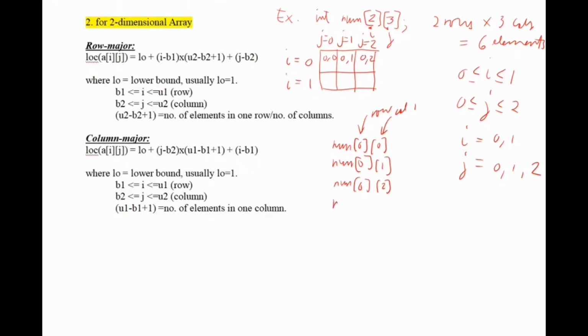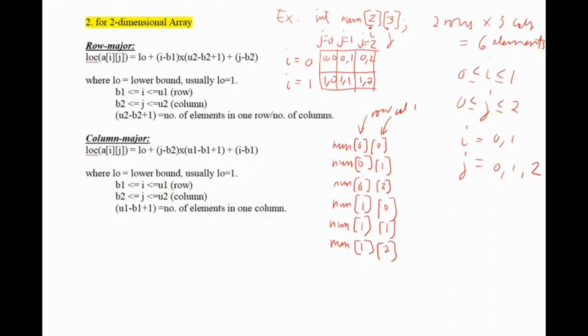The fourth is num[1][0], which is this one, where i is 1 and j is 0. The fifth is num[1][1], which refers to this one here, so i is 1 and j is 1. And the last element, the sixth, is num[1][2], referring to the last one here, where i is 1 and j is 2.